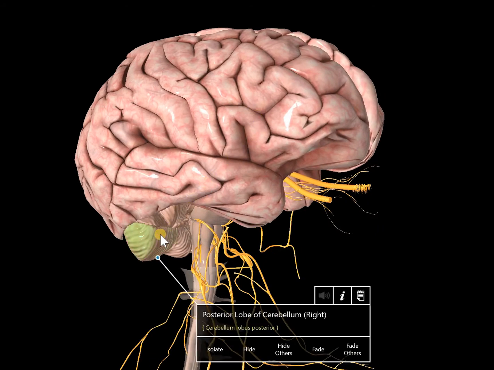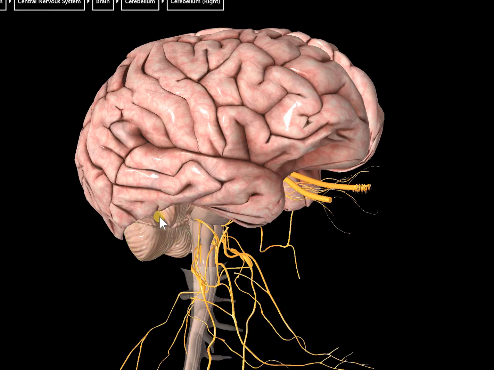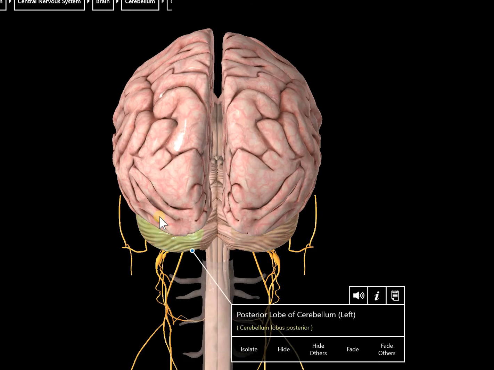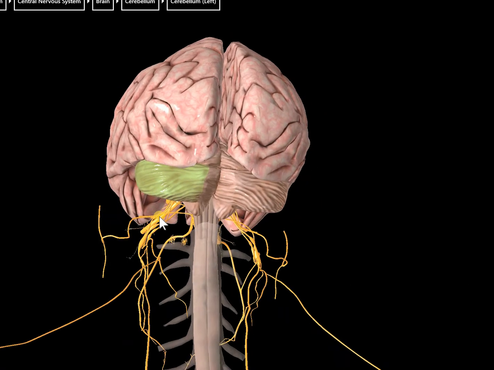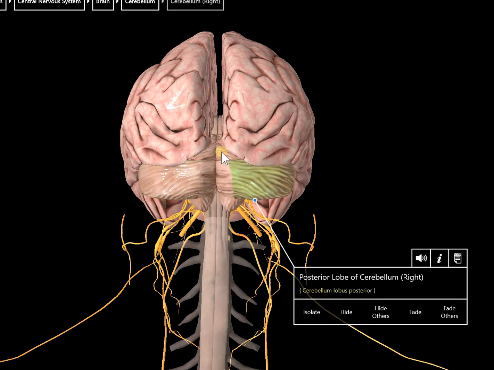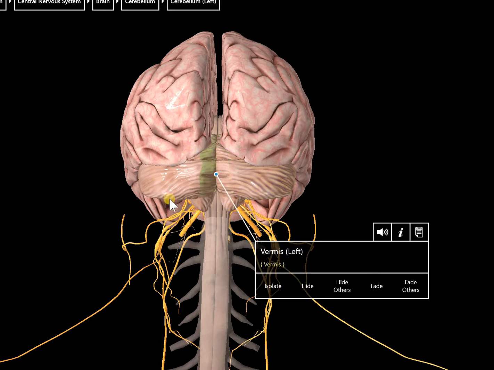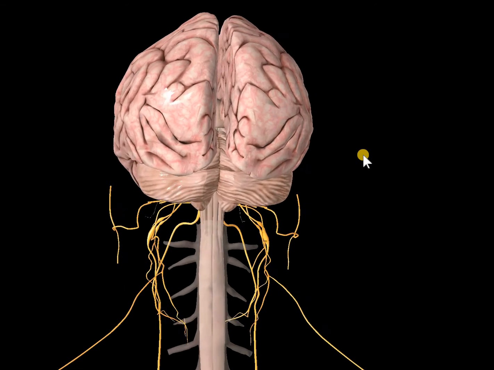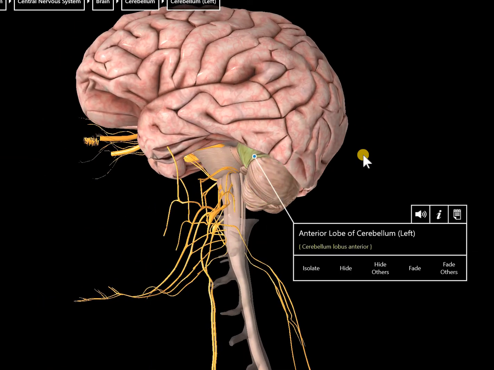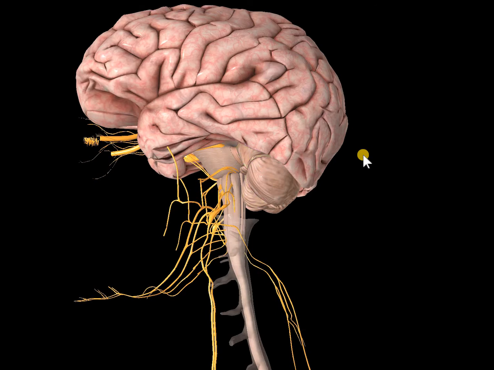It's got different parts, but for our purposes, I just want you to know that this whole thing collectively is the cerebellum. So all of this. This is a posterior view. There's a lateral view. All these parts in here, that's collectively the cerebellum.